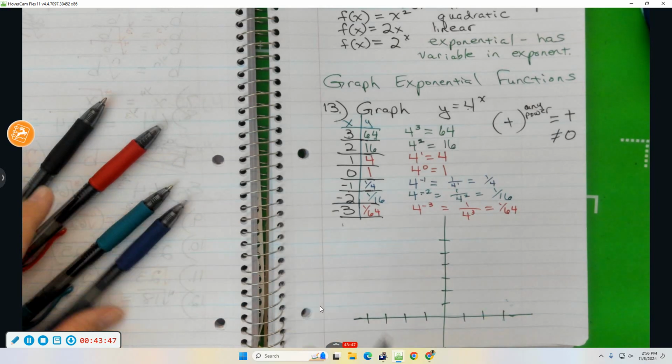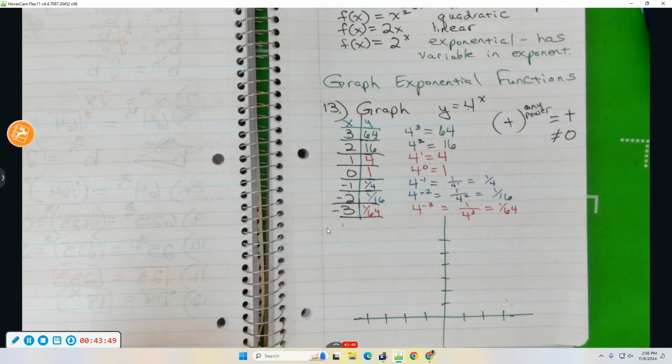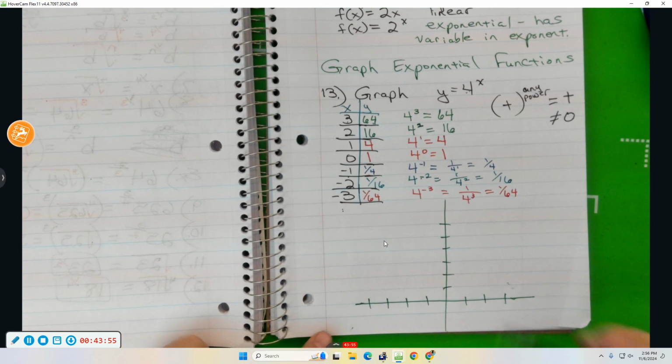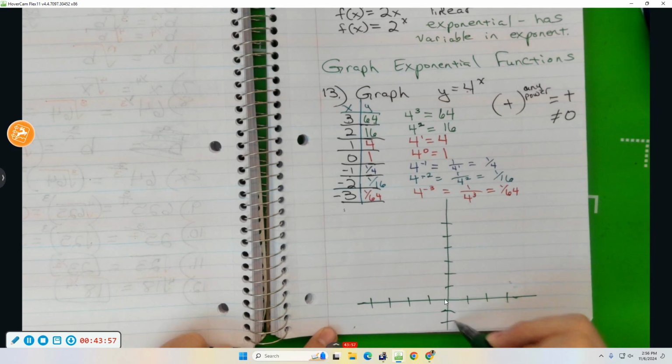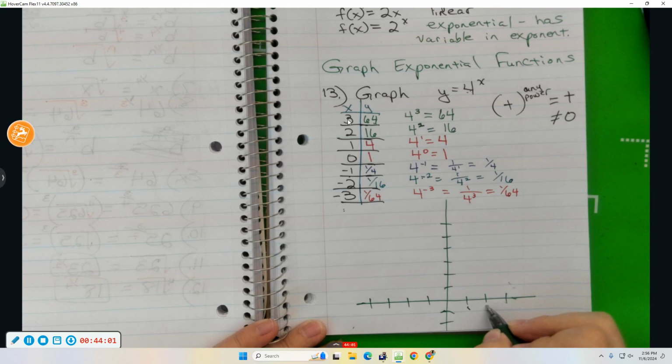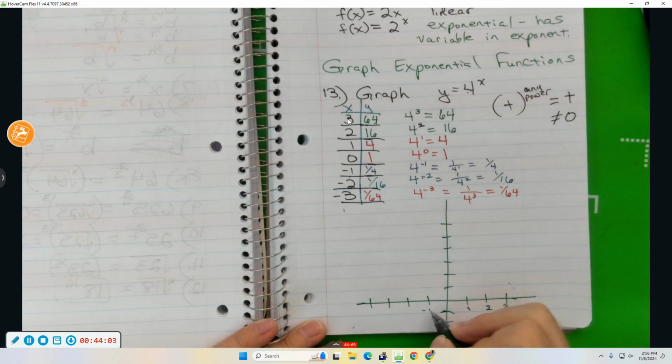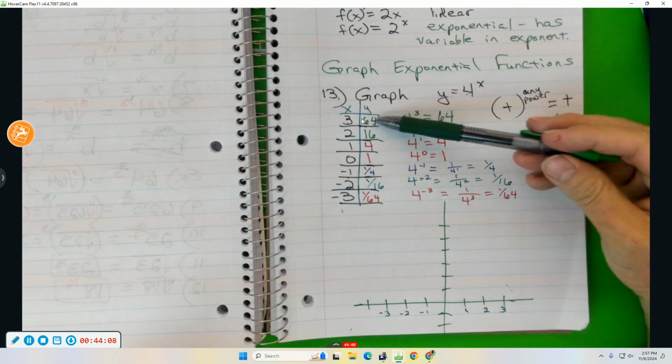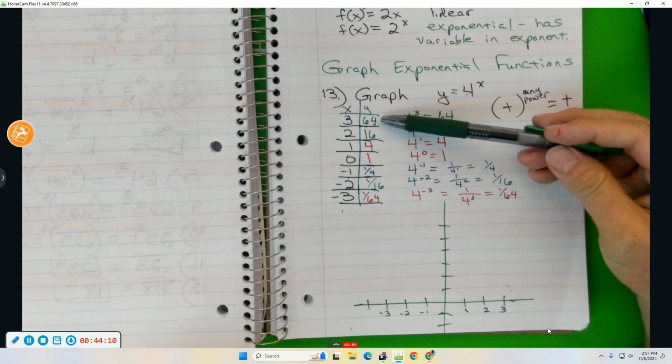Remember, we just got to get enough of the graph drawn to be able to pick out the correct picture. So it's multiple choice. As I said, here's 1, 2, 3. I'm not going to bother trying to label right 3 up 64.